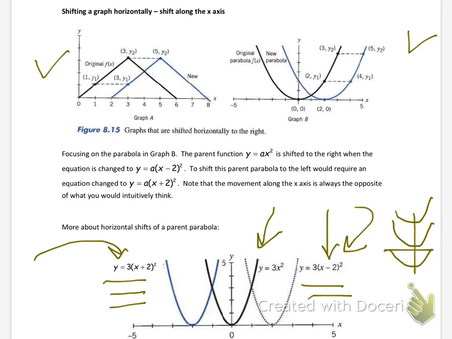These values for the horizontal are in next to the x, so they're inside a parenthesis that's being squared. All right, so you have to recognize the difference between the horizontal and vertical shifts, and you've got to recognize those patterns of shifting. So always think opposite for the horizontal shifts.